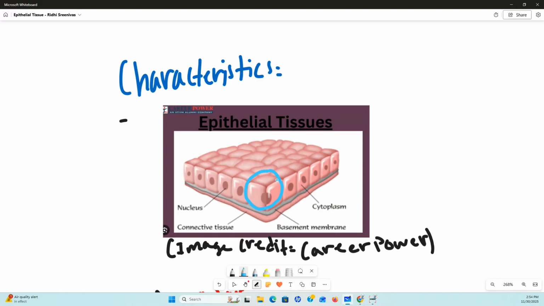They are all going to be bound to this basement membrane, as you can see in gray, right here. That's the basement membrane. They're all bound to it, no matter what. And what this does is it provides structural support for this type of tissue and also allows it to be selective to what it is letting in and out, which we're also going to talk about when we get to functions. It's just like a component that helps with that function.